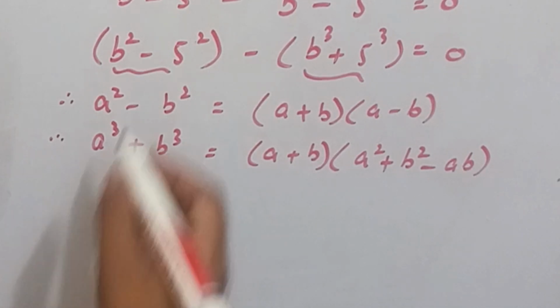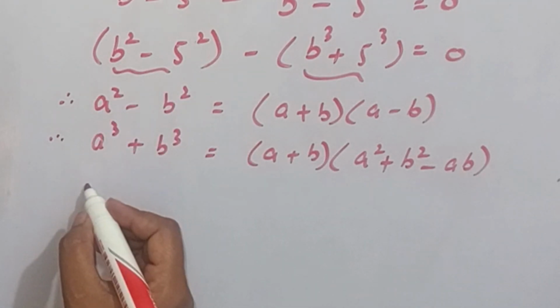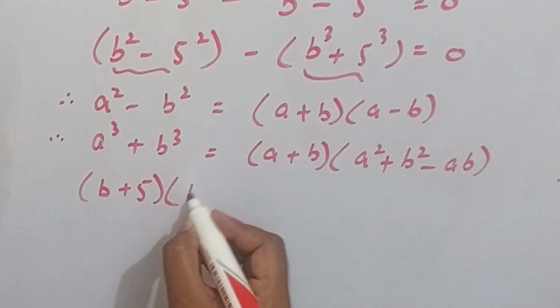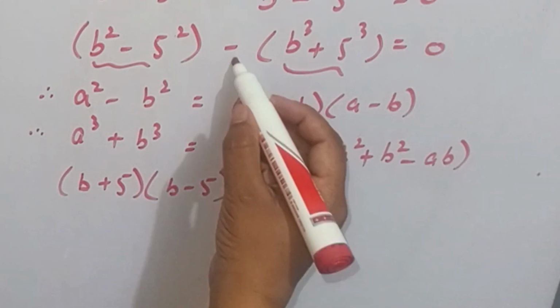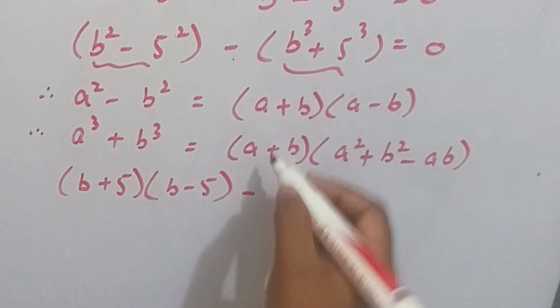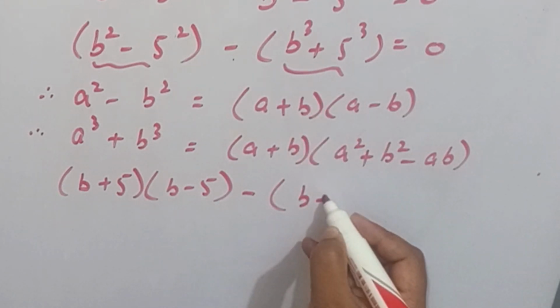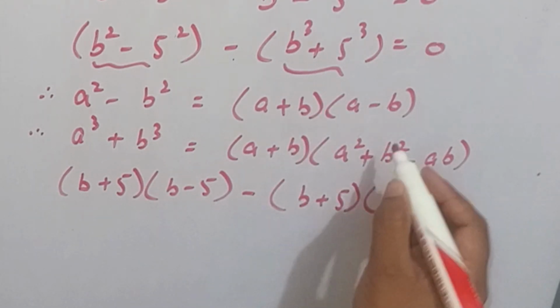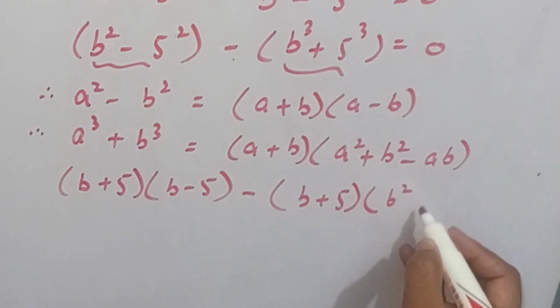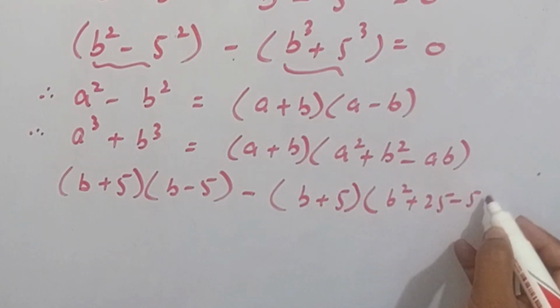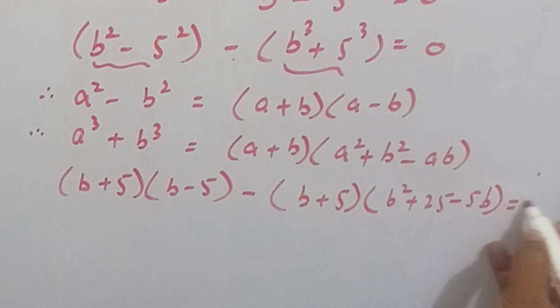So apply these two properties, then this first term will become b plus 5 multiply b minus 5. This is a minus and we expand this form. So this is b plus 5 and b square plus 25 minus 5 times b. This is equal to 0.